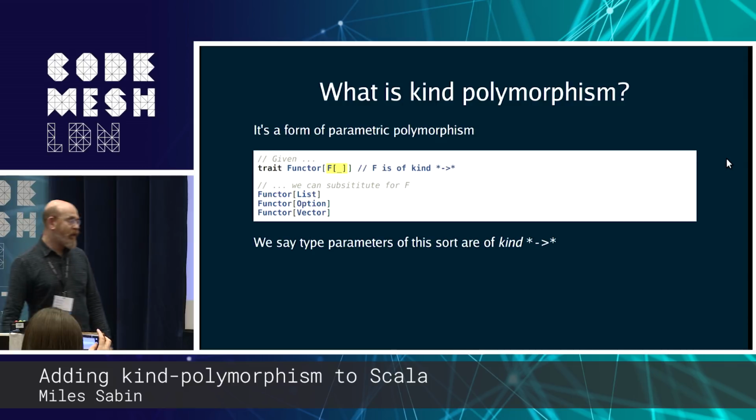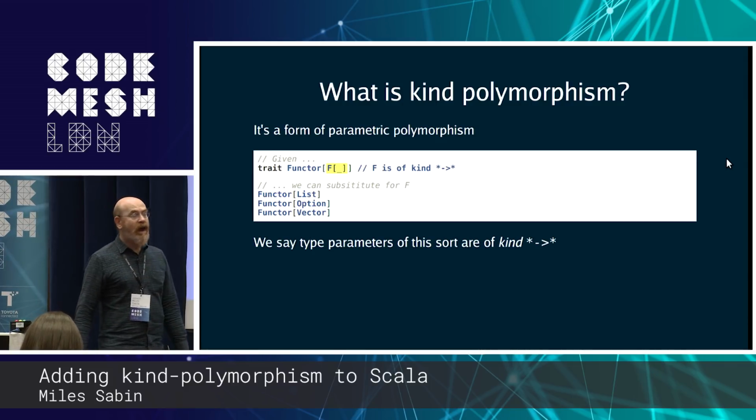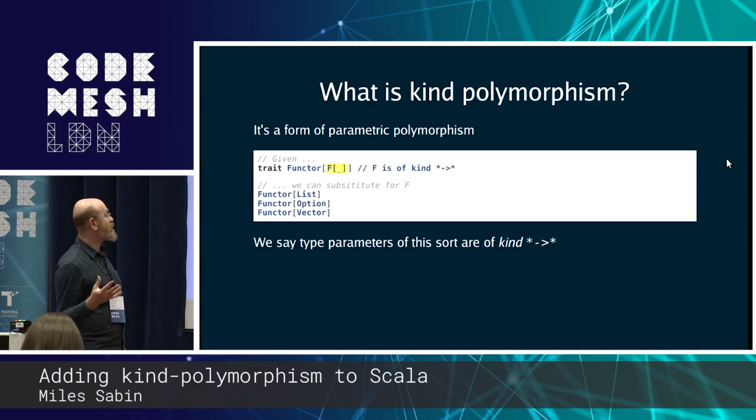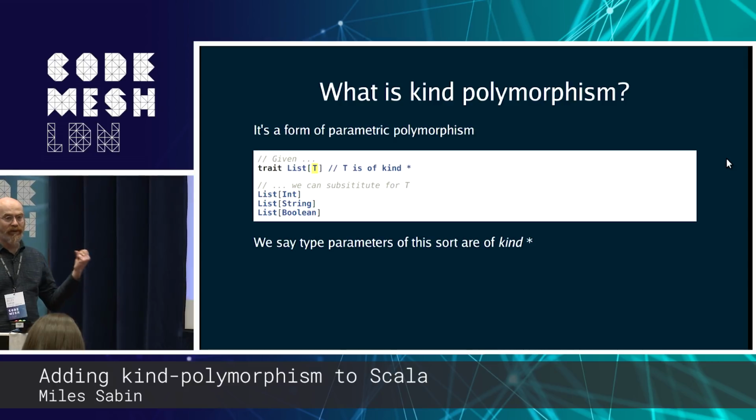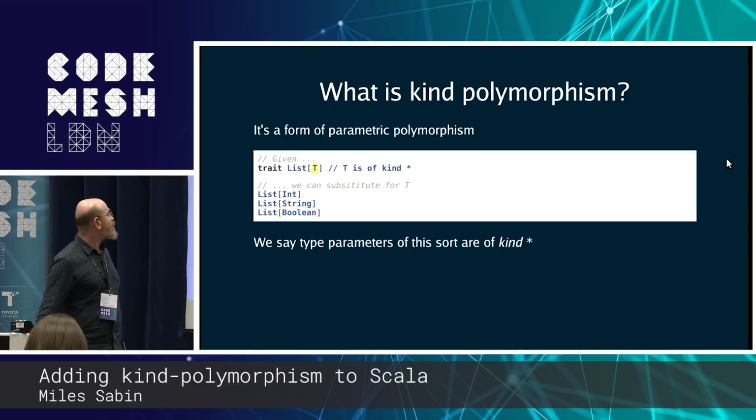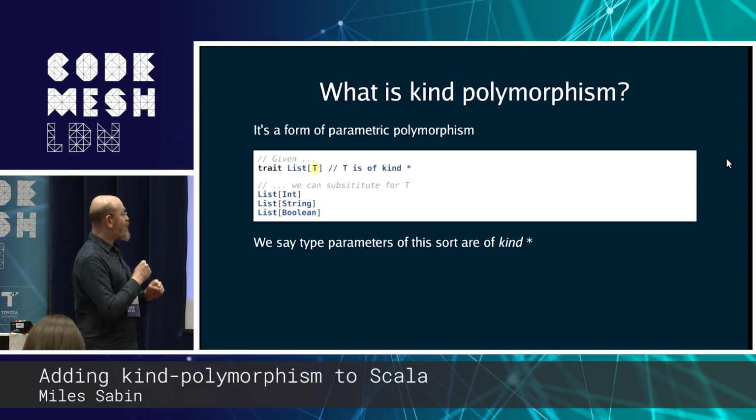And here we say that F is of kind star, arrow, star. The intuition behind the stars and the arrows is that you think of a star as a simple type. If you were working in a dependently typed programming language, that would be basically a simple type value, I guess.